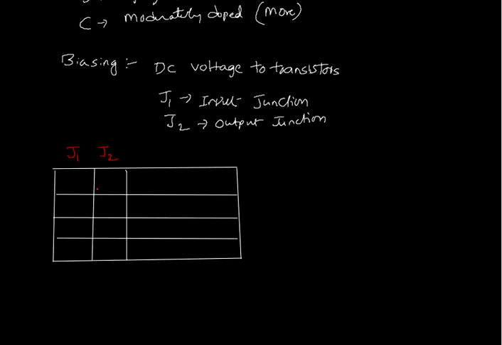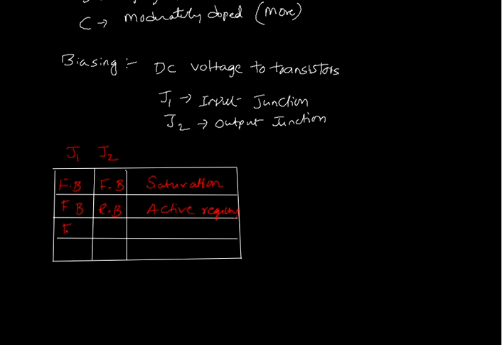If you apply forward bias to the input junction and forward bias to the output junction, then the transistor will operate in the saturation condition. If you apply forward bias to the input junction and reverse bias to the output junction, then it operates in the active region.